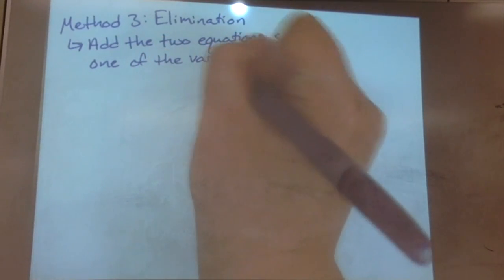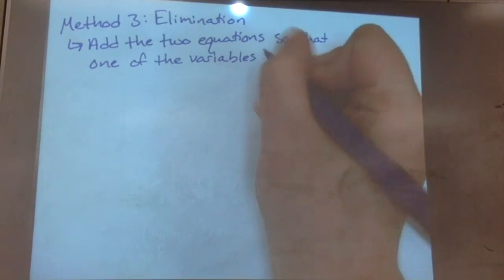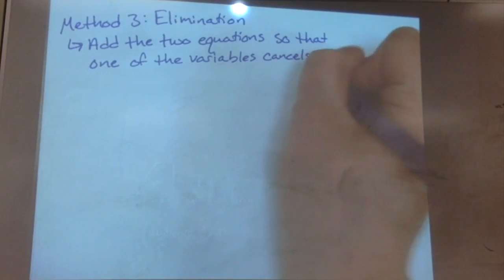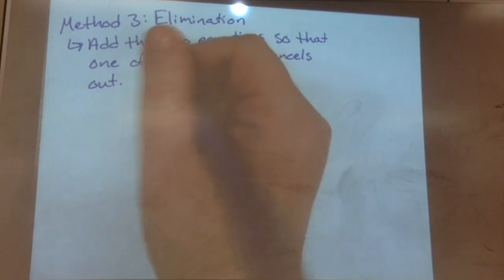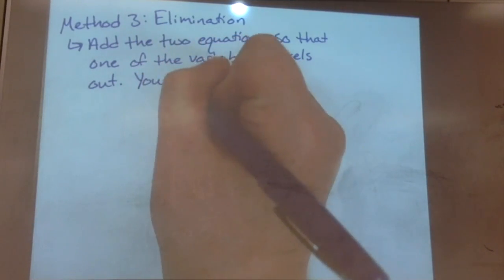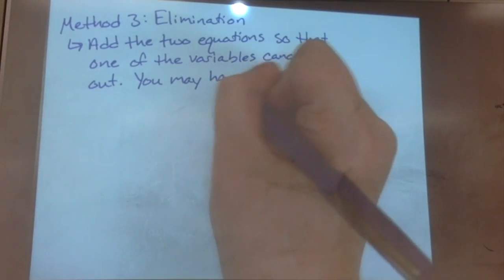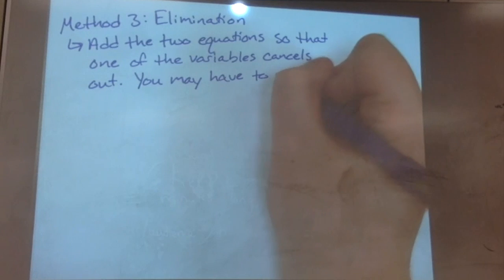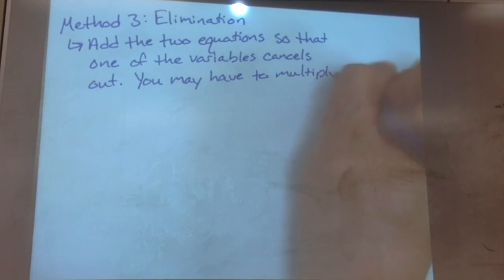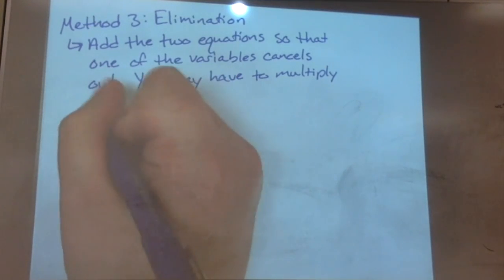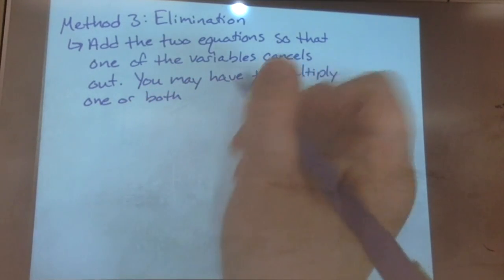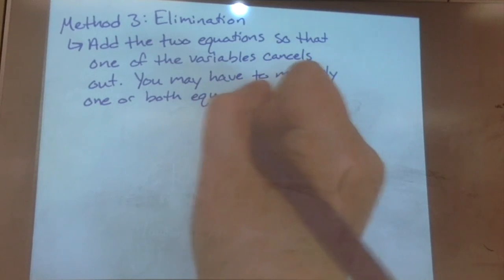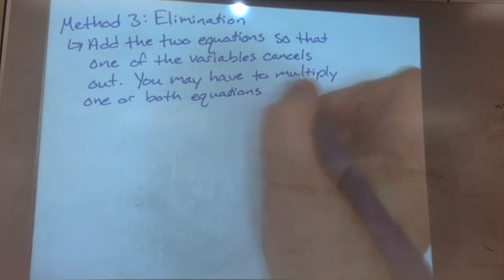One of the variables cancels out. You may not, but you may have to multiply one or both of the equations first.